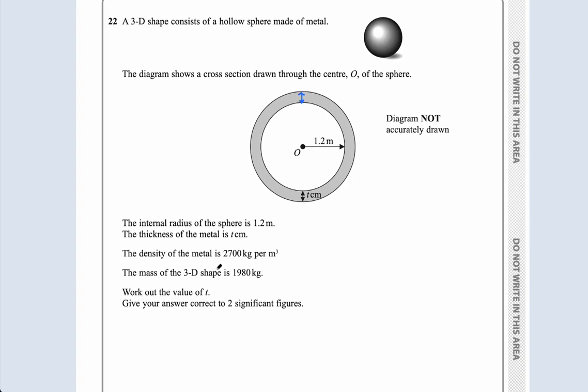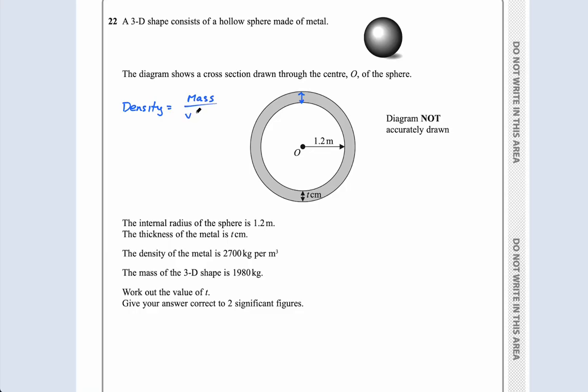The first thing I want to figure out is the volume. Now we know density is equal to mass over volume.